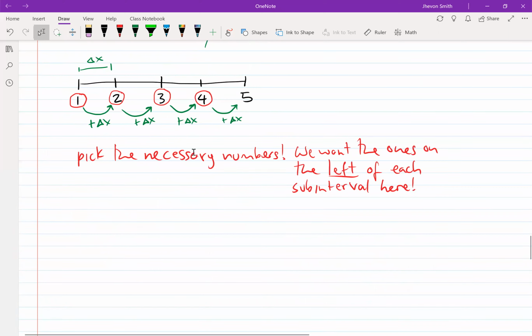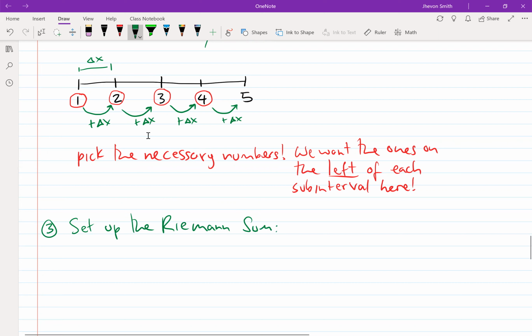And that brings us to the next part: set up the Riemann sum.